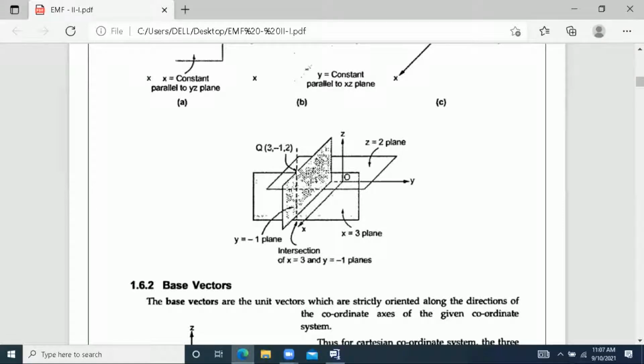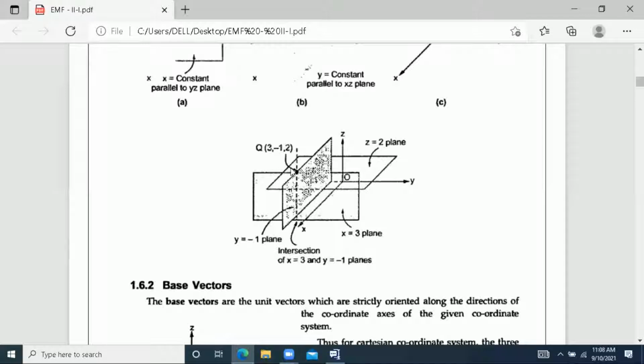If you change your location to some point here, you will have to go X plus a small change in X, Y plus a small change in Y, Z plus a small change in Z to reach here.